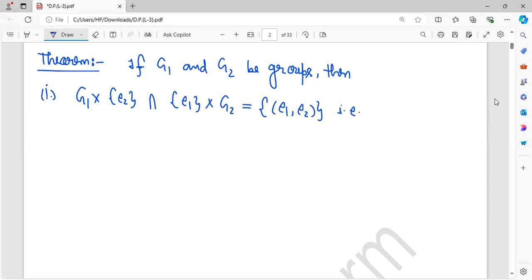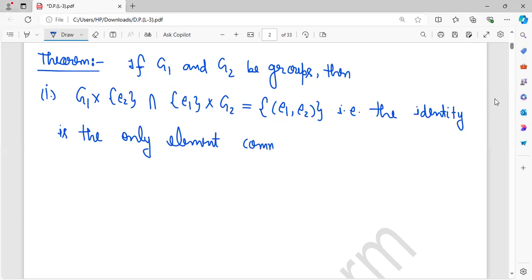It means the identity is the only element common in G1 × {e2} and {e1} × G2.